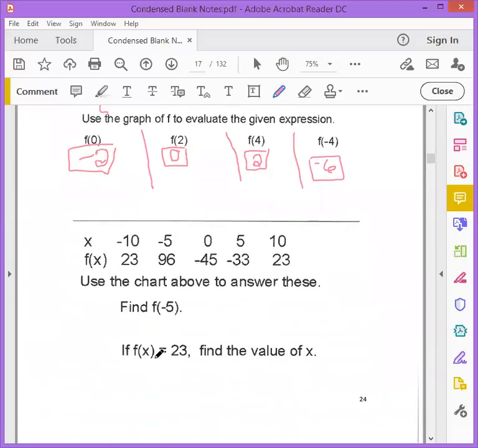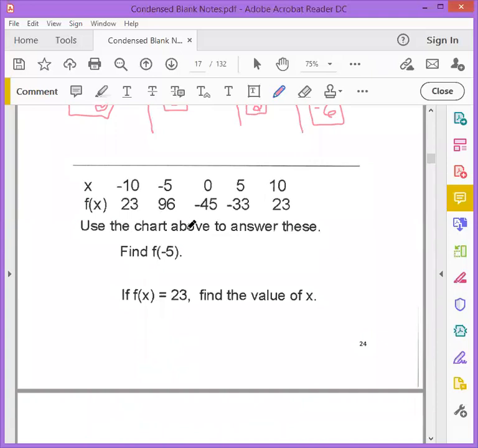All right. We're asked to use the chart above to answer the question. First, we're finding f of negative 5, and then we want to know if f of x is equal to 23, what would the value of x be? We have two rows. We have a row for the x coordinate, and we have a row for the function.